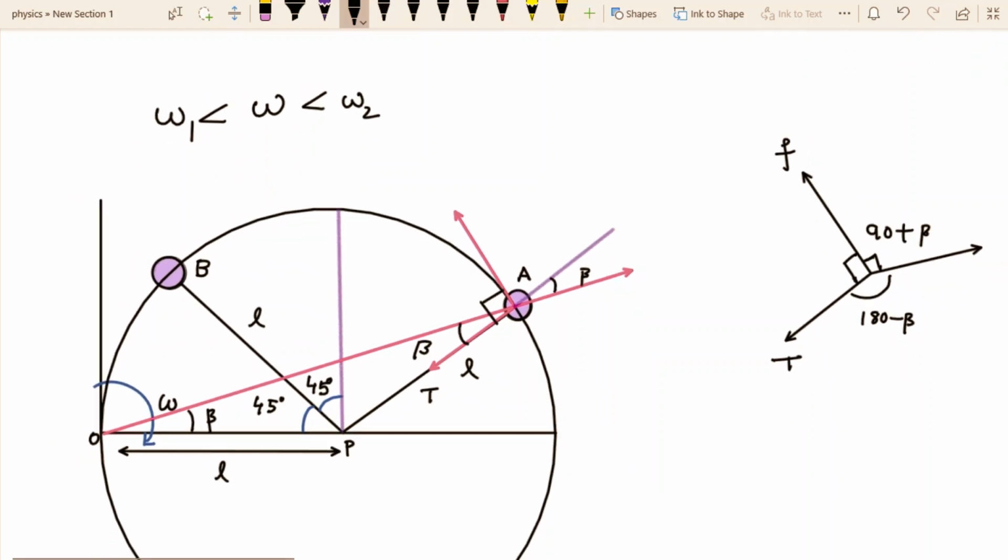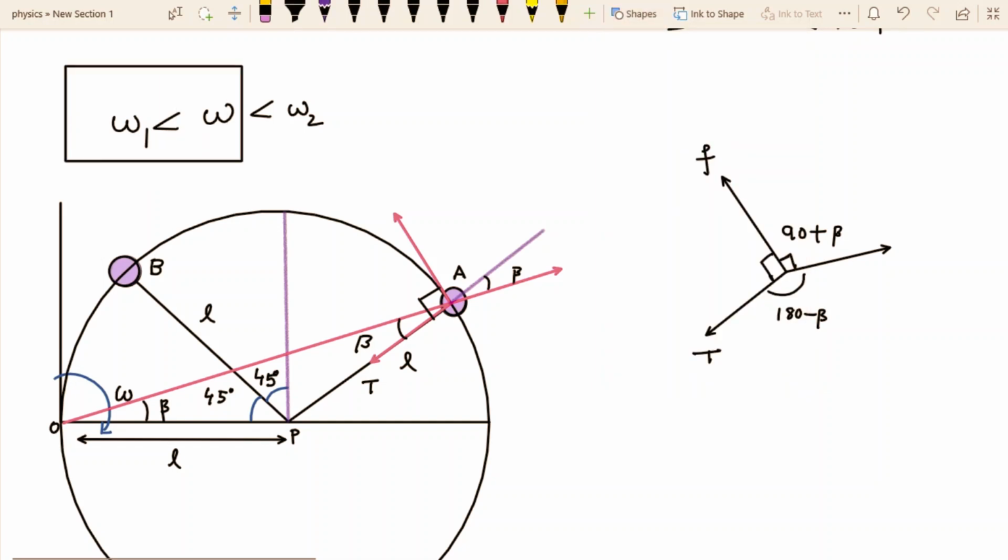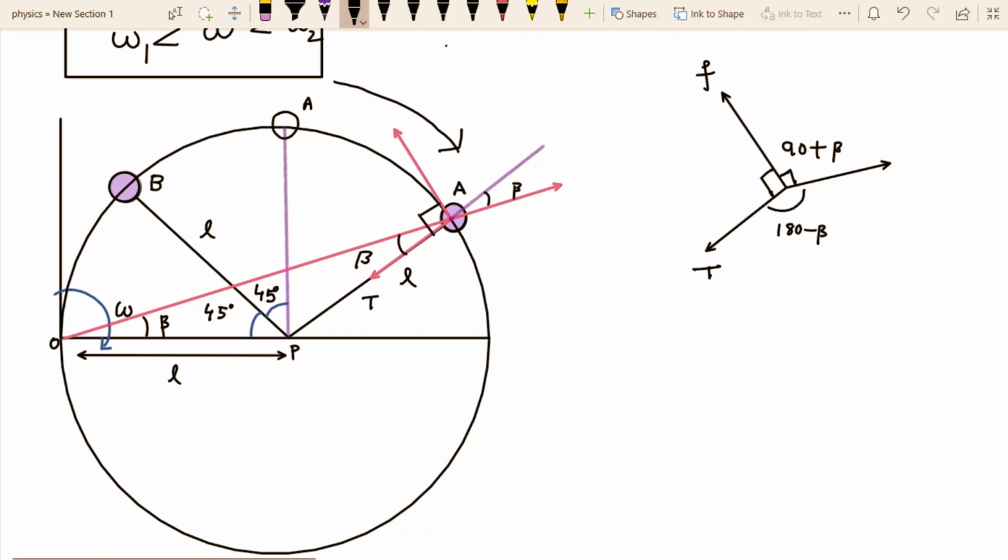When the angular velocity of rotation of the platform lies between these limits, the disk A will begin to slide. Slowly it will slide from this point. Actually this is the previous position of the disk A, but slowly the disk A will slide like this and come to an intermediate position somewhere here. So this is the diagram plotted at an intermediate position.